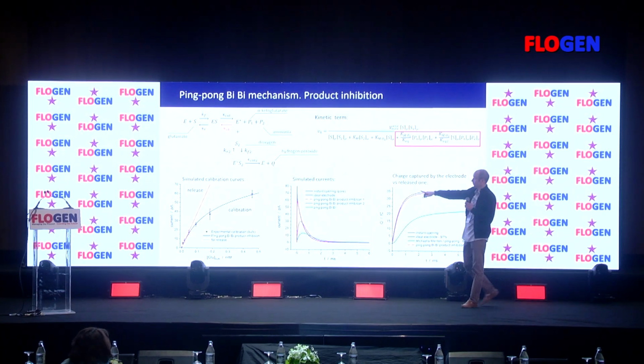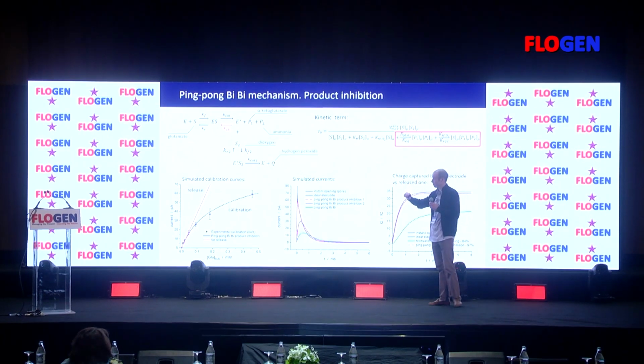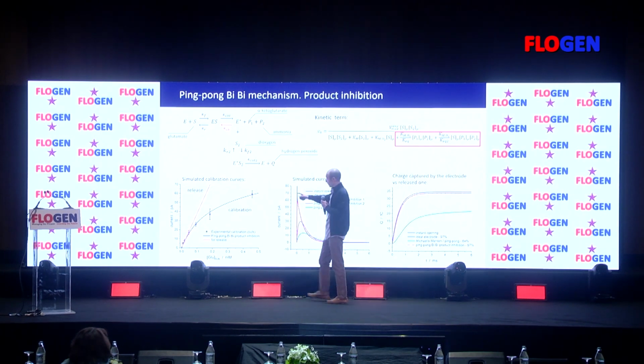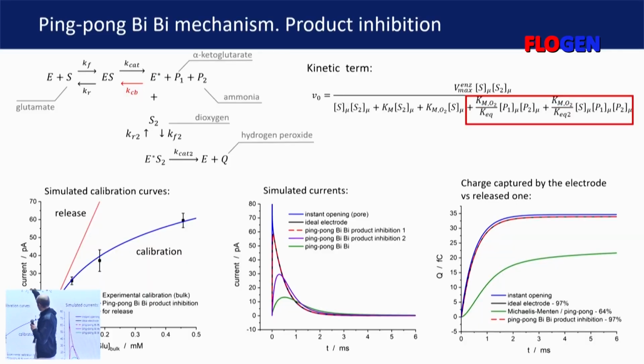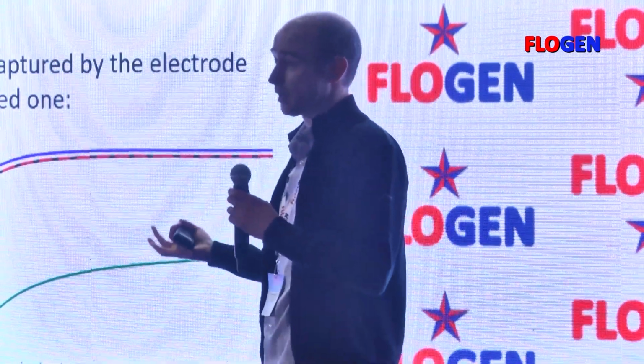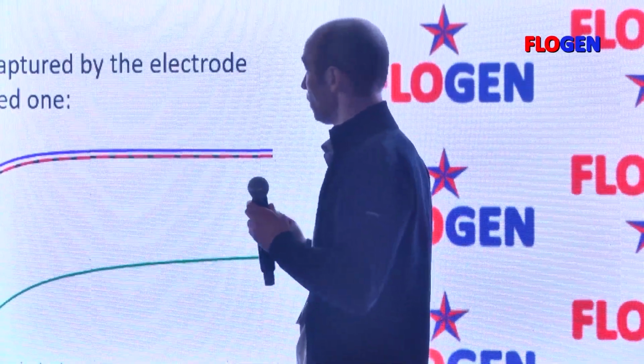And just a final point: since we're in the simulation, we can construct a virtual situation where we put the calibration curve for the release events. As you can see, due to the reversibility of this step, the classical calibration and the would-be calibration curve for the release events are very, very different. During the release, the enzyme appears much more efficient than during the calibration, when we have lots of glutamate in the bulk solution.